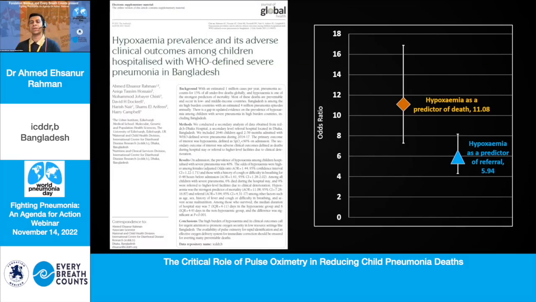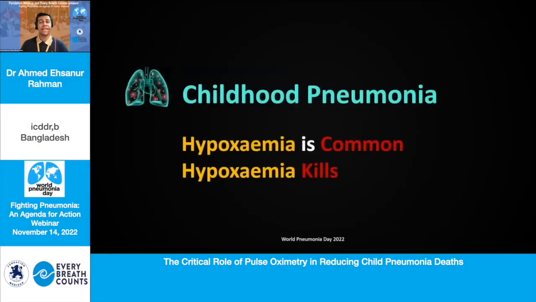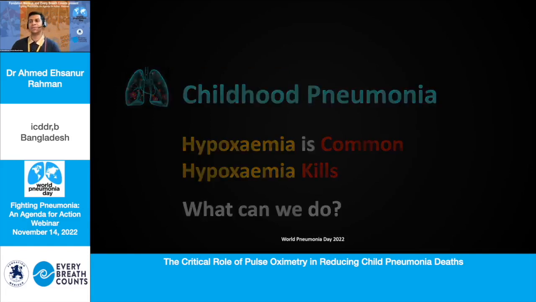And one wonders what happens in facilities where they don't have trained manpower and access to the resources to manage these babies and children. So the answer is yes, hypoxemia is common among childhood pneumonia. And yes, hypoxemia kills.